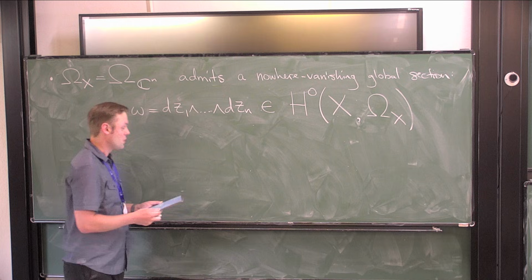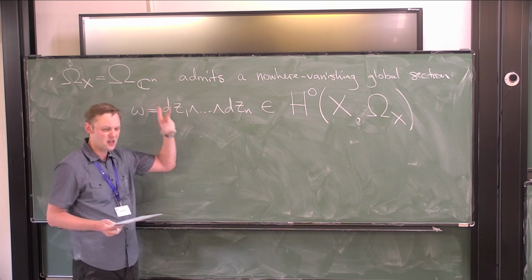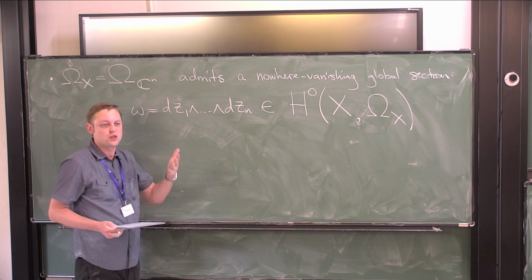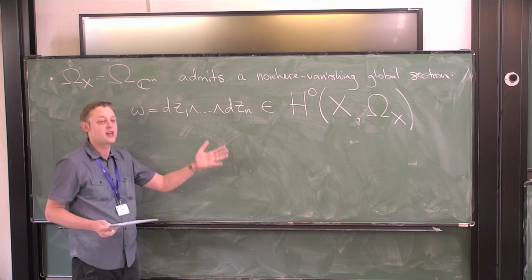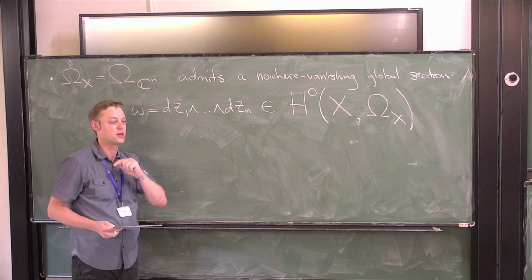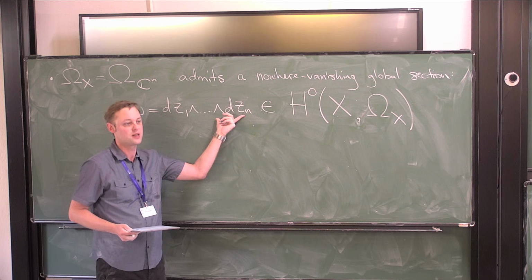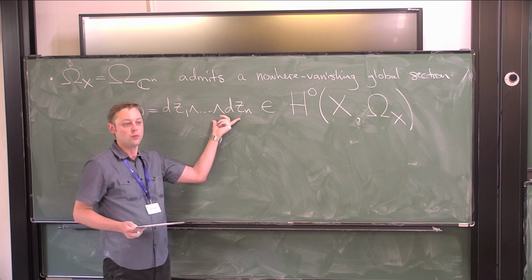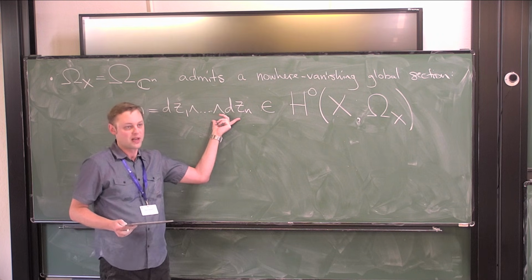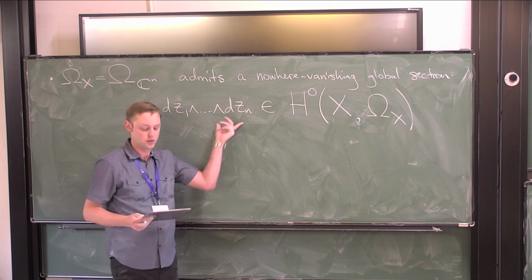If you forget about the fact that we're talking about complex things and just think back to your differential geometry, when we integrate over manifolds, we need to take the top degree wedge form. That's the thing that we need to integrate over the manifold. And so this is the analogous object to that. It's the differential form which is amenable to integration in the complex sense. So it's the volume form of our complex manifold.